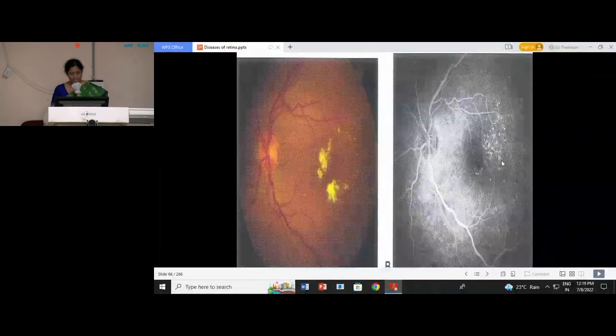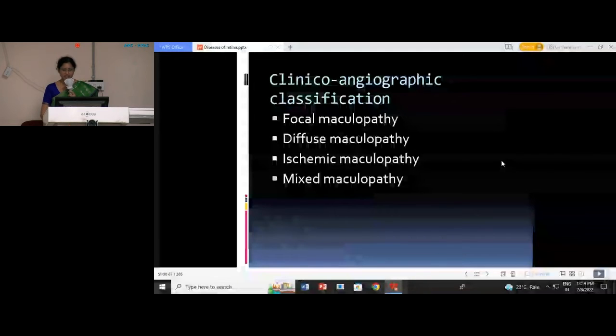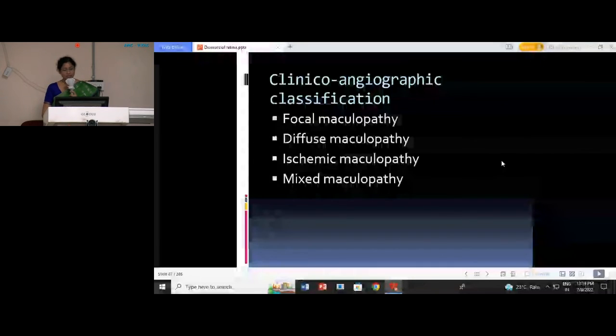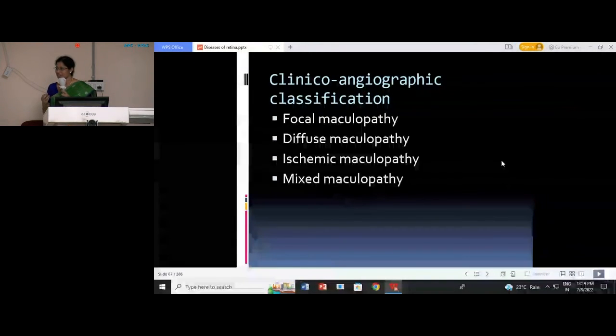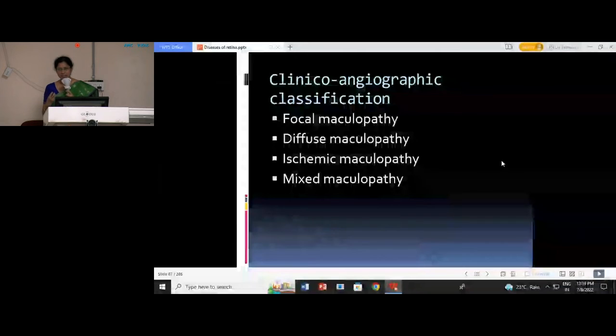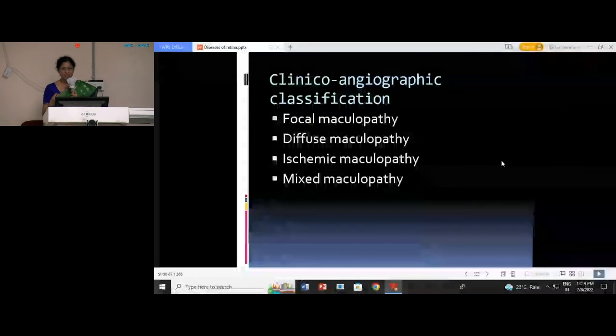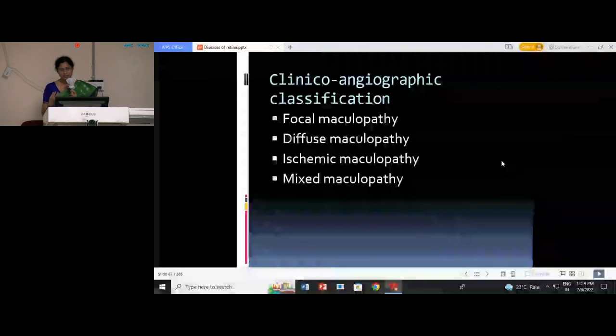And then what is the clinicoangiographic classification of diabetic maculopathy? Just like a heart angiogram is done to know the vessels, whether there is any block in the vessels or not, in the same manner we also do fundus fluorescein angiography to know the pathology in the retinal vasculature.